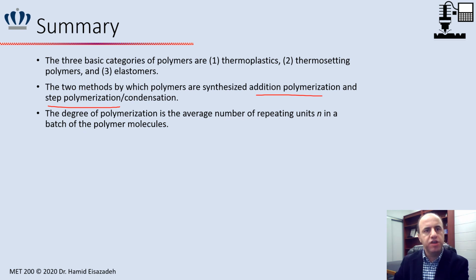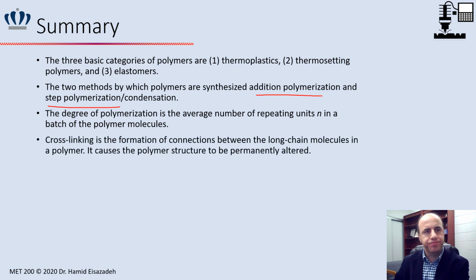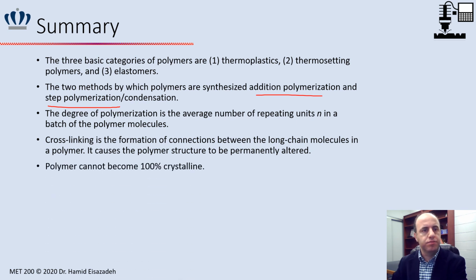Degree of polymerization is the average number of N, or repeating units, in the polymer molecule. And cross-linking is the formation of connections between the long chain molecules in the polymer. This causes the polymer structure to be permanently altered, and a polymer cannot become 100% crystalline.